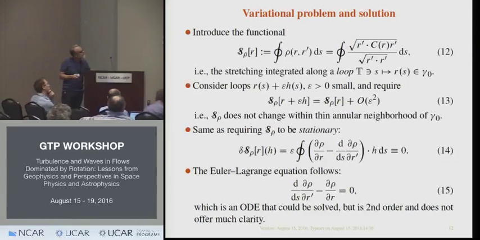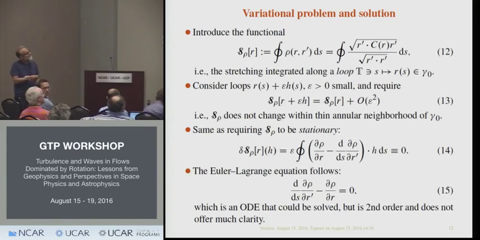We can put that mathematically in a formal way, and this is what we have here. We have a functional, which is the loop integral of this local stretching, explained by this expression here. The idea in looking for this belt is to take loops which are within thin annular neighborhoods of the reference loop, and require that the total variation of this doesn't change to leading order.